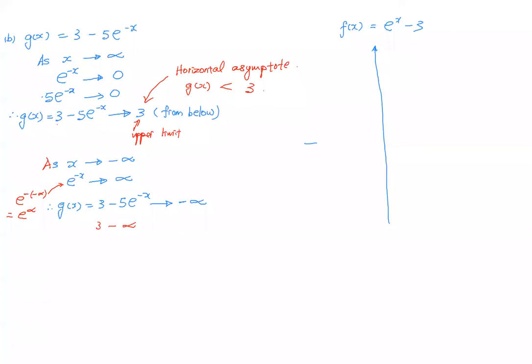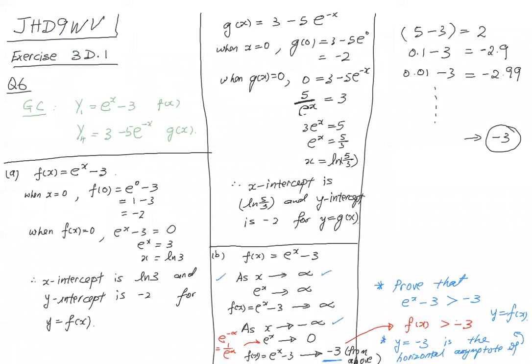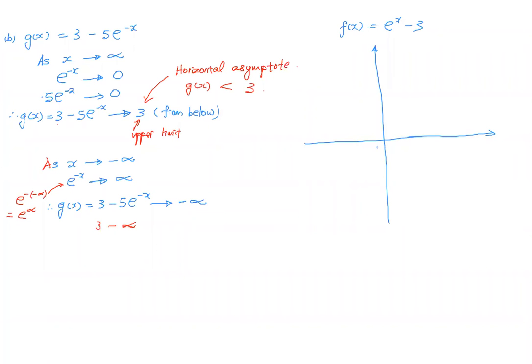So I have this axis, correct? So based on here, negative 3 is the lowest possible. So I go back to here. I put here negative 3. Okay, so that is for my f(x).